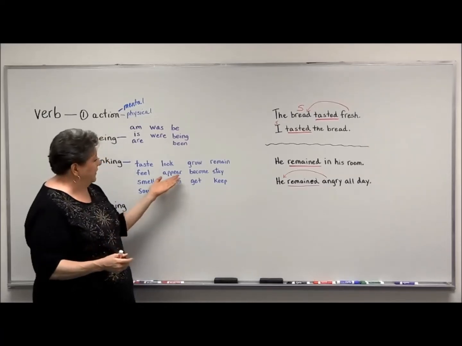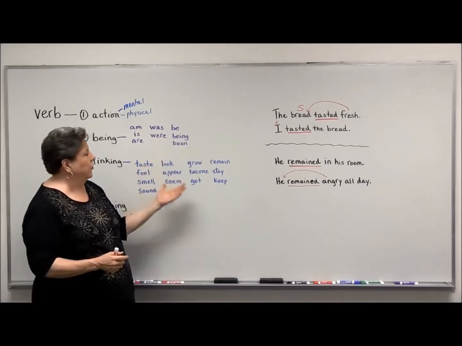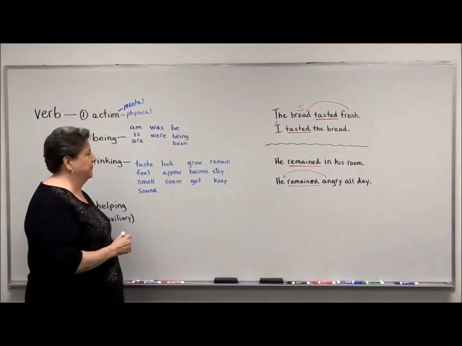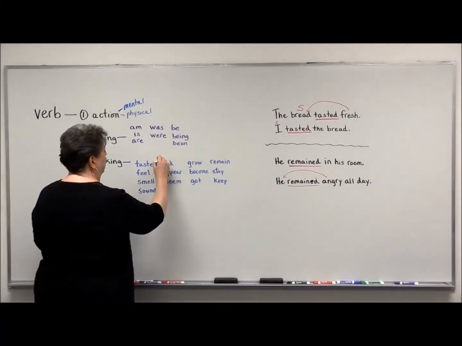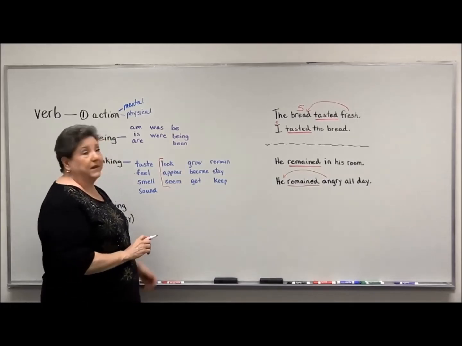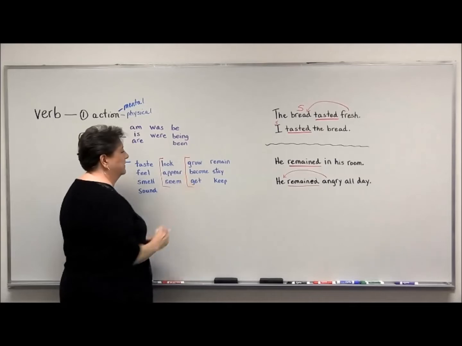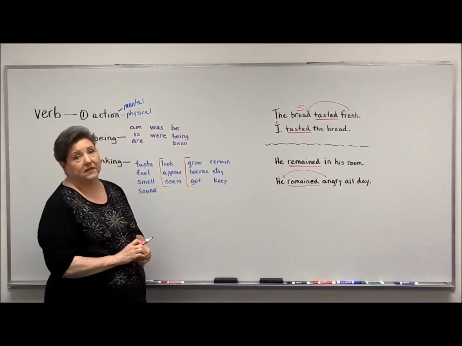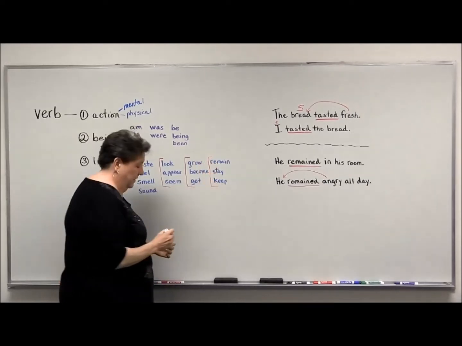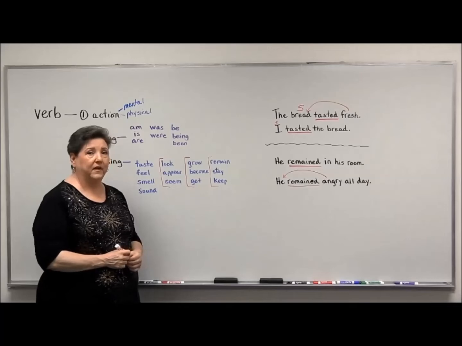So we have a list of linking verbs, but be verbs can also link as well. So why did I write the list this way? Let me show you. When these three words are acting like linking verbs, they mean exactly the same thing. When these three are linking, they mean the same thing. And that's why I wrote the list that way.